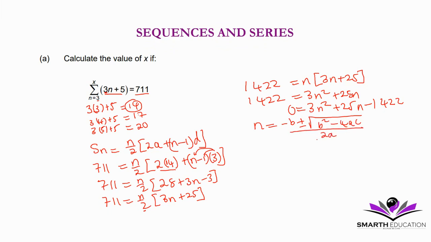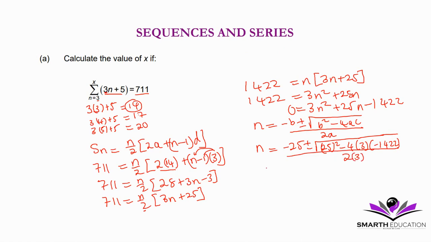You can substitute our b there. B is positive 25, so it's going to become negative 25 plus or minus the square root of 25 squared minus 4. Then a is 3. Then c is negative 1422, divided by 2 times 3.